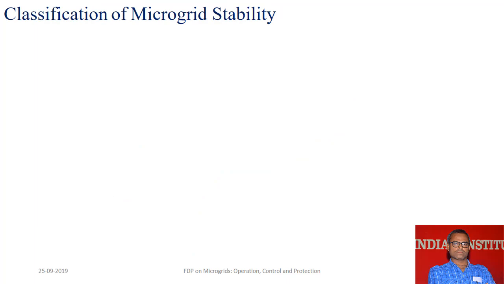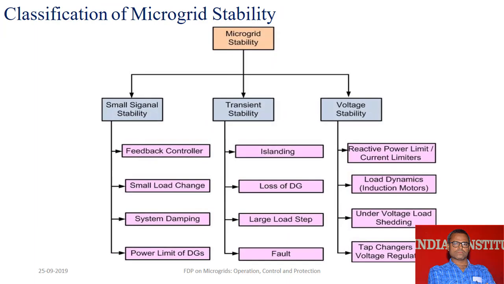Now coming to the classification of microgrid stability. These classifications we have already studied in power systems: small signal stability, transient stability, and voltage stability, right? Transient stability we know already, that is angle stability, right? This is the voltage magnitude stability.